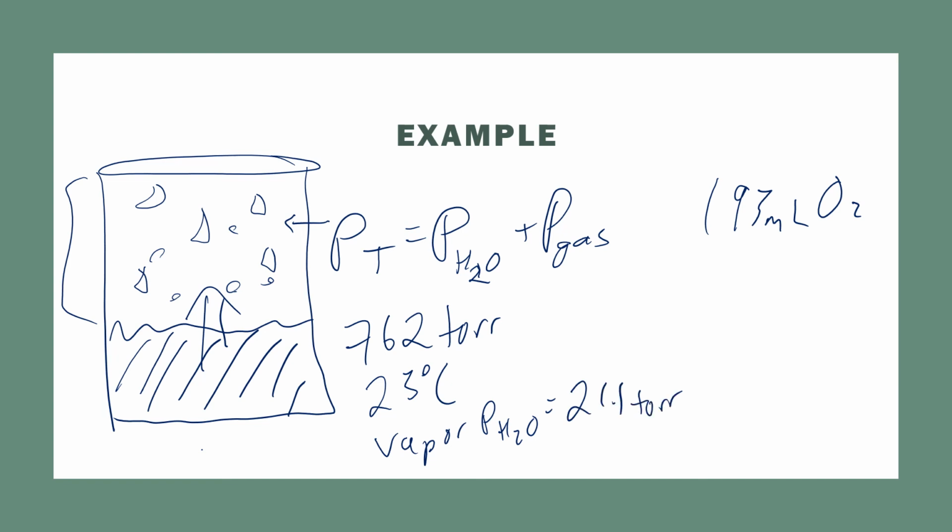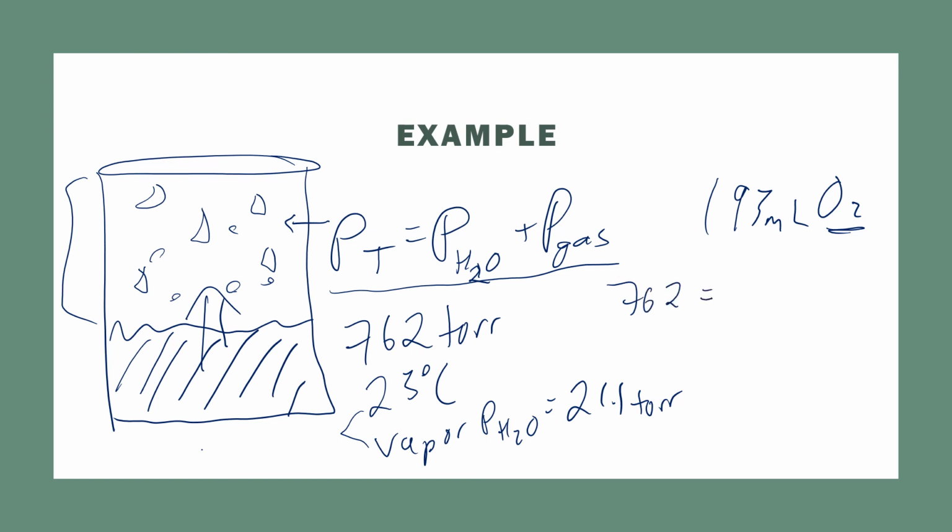Okay, so the vapor pressure changes at different temperatures. At higher temperatures, more of the water will evaporate, so you'll have a higher pressure. So that's why you have to take a look at the vapor pressure at any given temperature. So the question here is, what is the pressure of just the oxygen? Well, then I can use Dalton's law. The total pressure is the same as the pressure in the room, 762 torr.